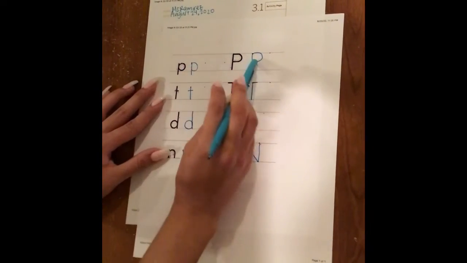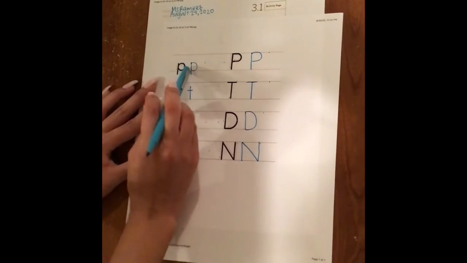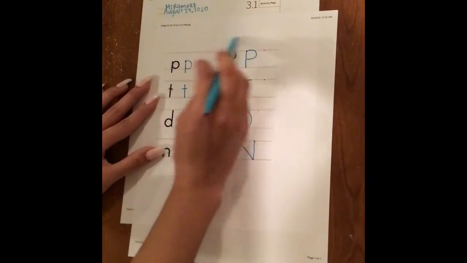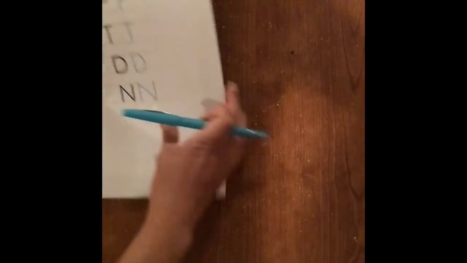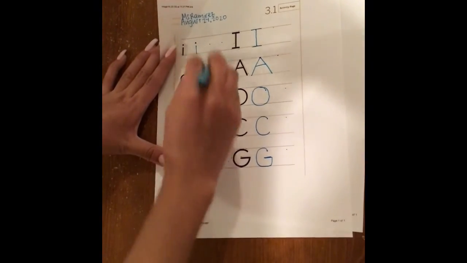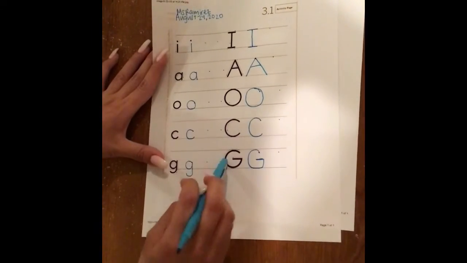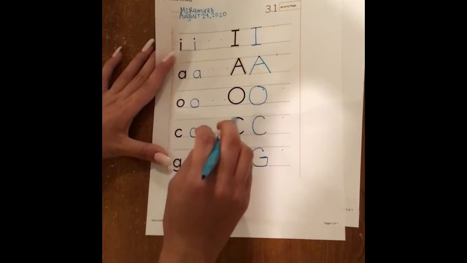So this one and this one is the same letter, but this one is lowercase, this one's uppercase. Alright, so like I said, you're gonna write each letter down 3 times for all of the letters, both lowercase and uppercase, not just lowercase.